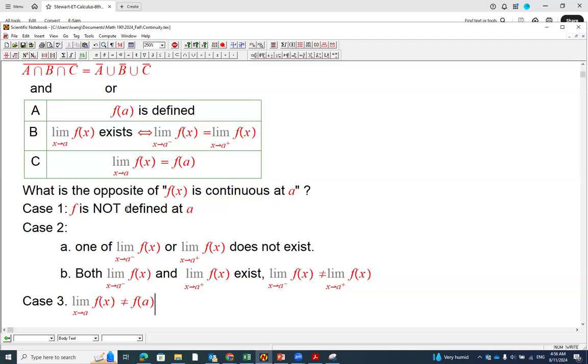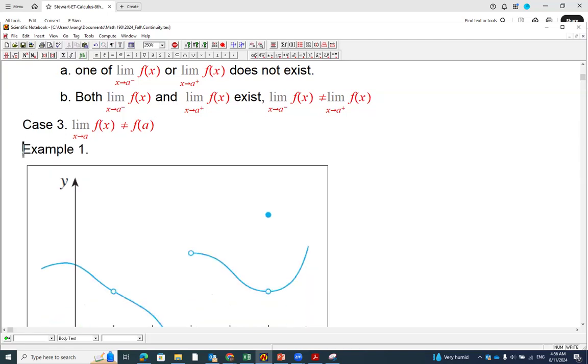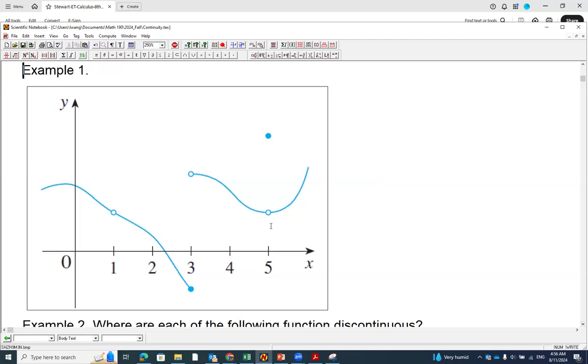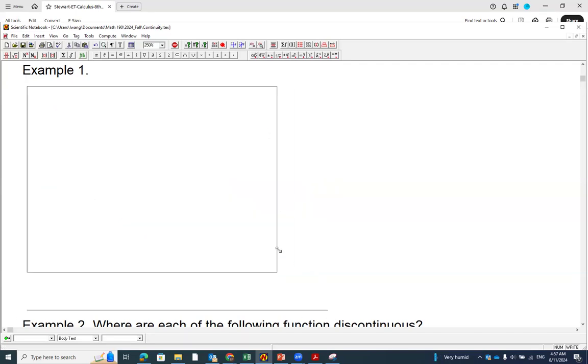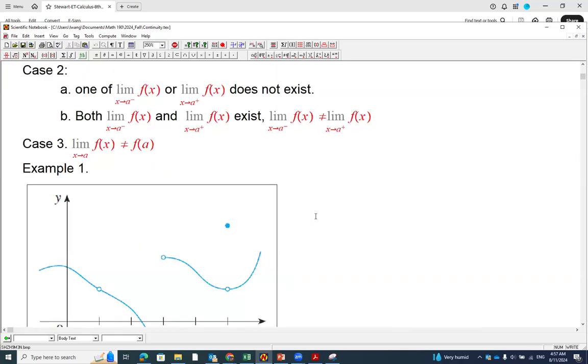So let's look at some examples. Number 1, we've got this graph. We have 3 points of concern at 1, at 3, and at 5. So let's look at these 3 points. What's going on here, from the graph?